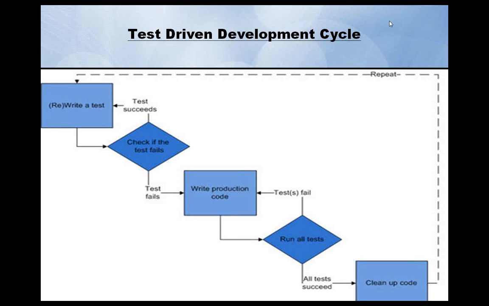Now let's look at both the processes closely and try to figure out the difference. Let's take development first, the normal approach wherein we do development first and then test. We read requirements, understand them, then start writing code to achieve those functionalities as stated by the requirements.